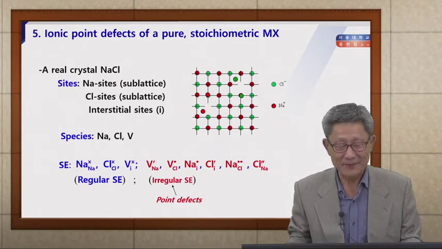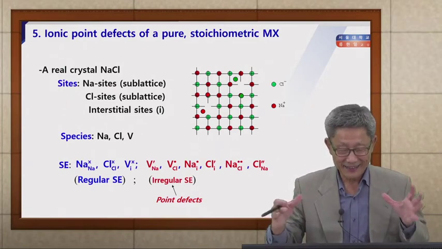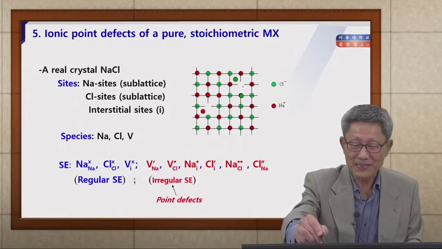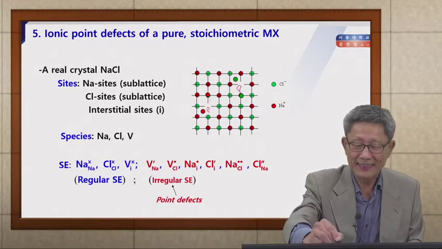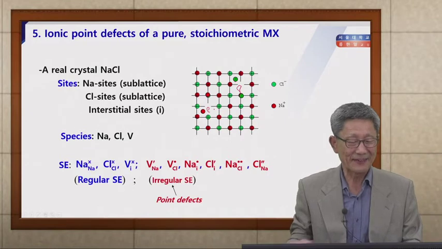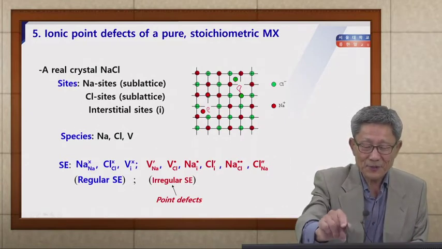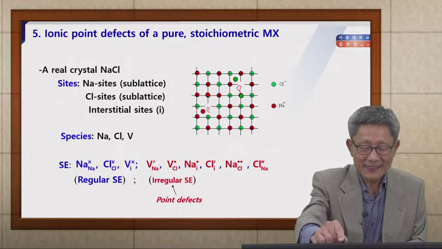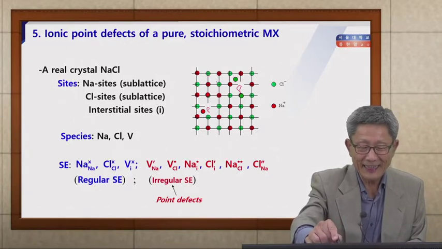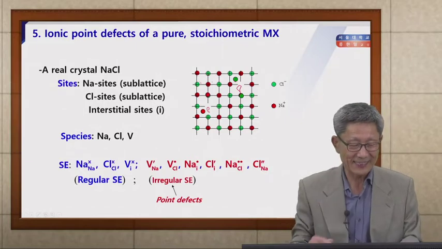A real crystal means a crystal containing defects. For example, you see a vacancy here and an interstitial here and so on. Okay, we have the sodium site and the chlorine site, namely the negative ion site, and the interstitial site for this case.